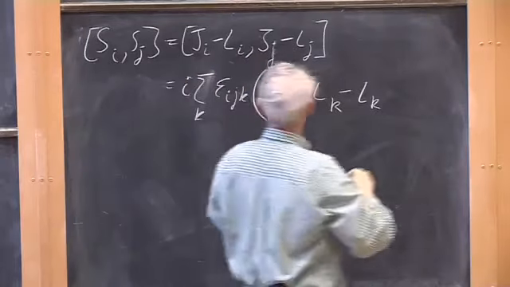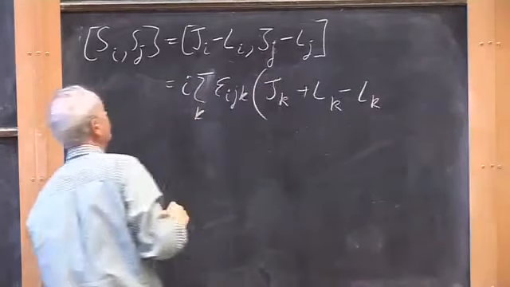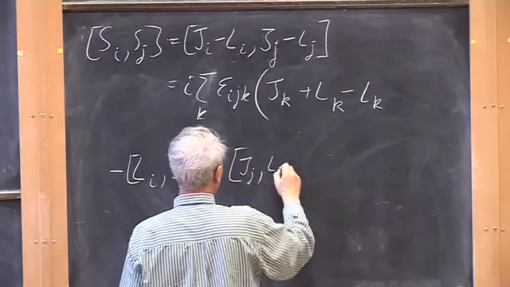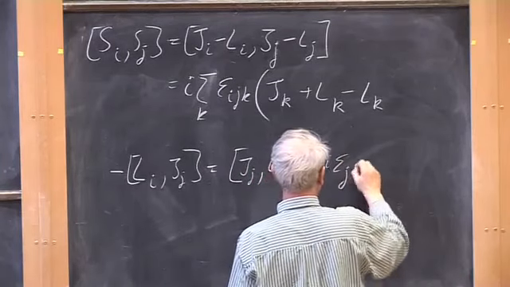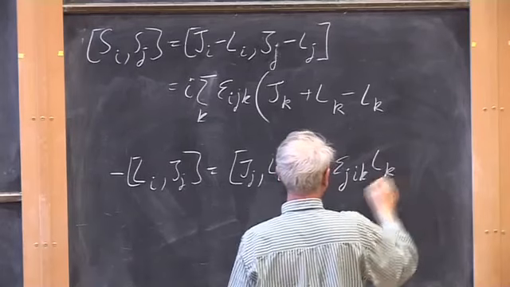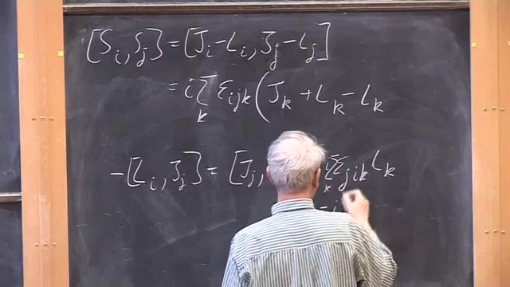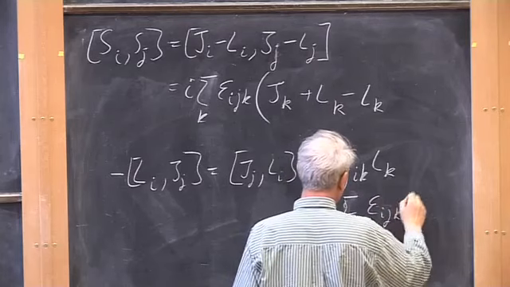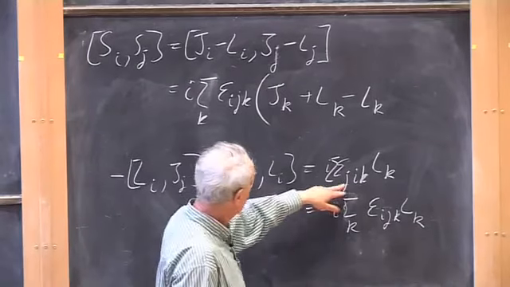We're looking at minus Li, Jj, which is equal to Jj, Li, which is equal to i epsilon jik Lk, which is equal to minus i epsilon, summed over k, sum over k of epsilon ijk Lk.